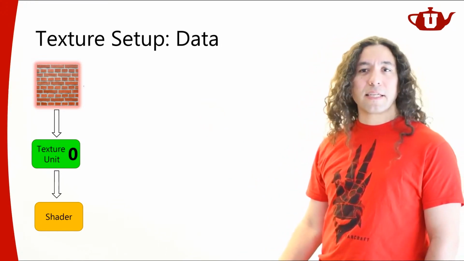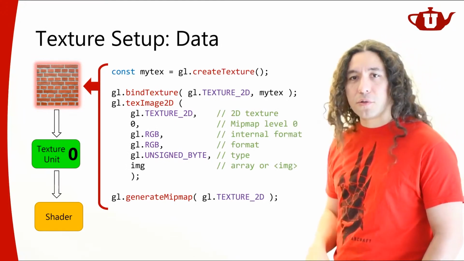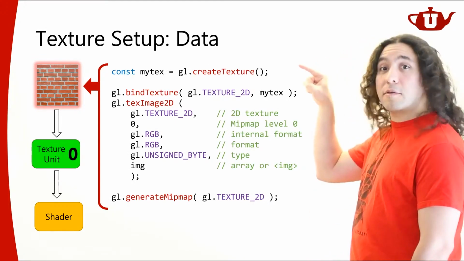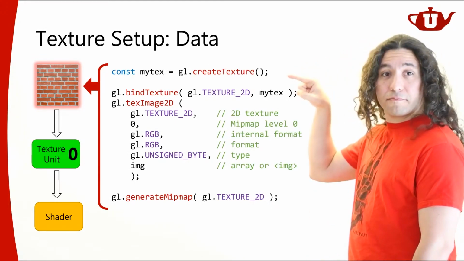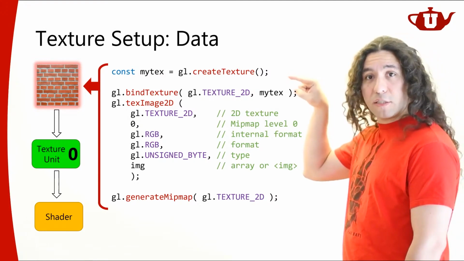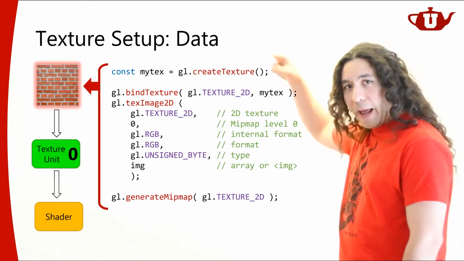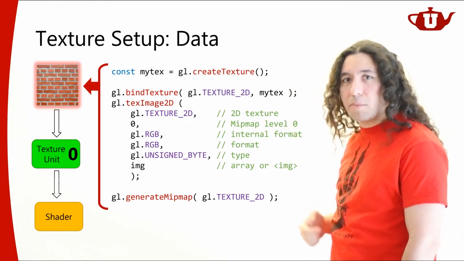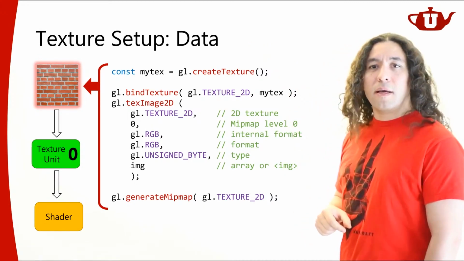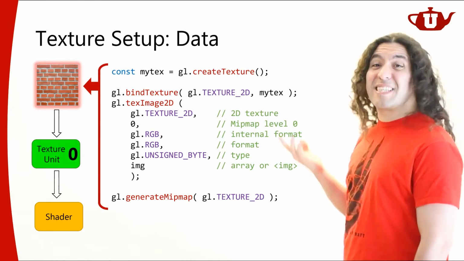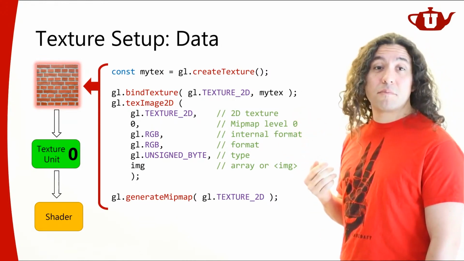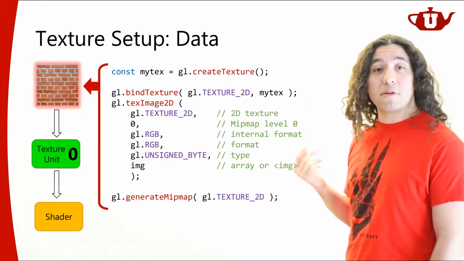Just like the other things we've done, the first thing we're going to have to do is create our texture. So gl.createTexture will create a texture for me, and that's my variable. My text is what I call it here. Basically, this is just going to be some number: 0, 1, 2, 3, whatever.